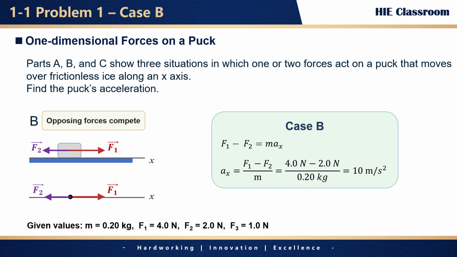Substituting the given values, we will have ax equals F1 minus F2 over m, equals 4 newtons minus 2 newtons over 0.2 kilograms, equals 10 meters per second squared. So the net force accelerates the puck in the positive x direction.